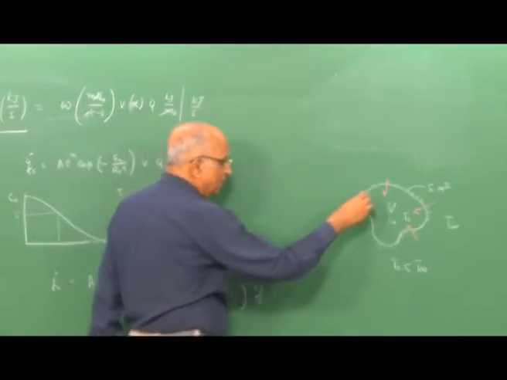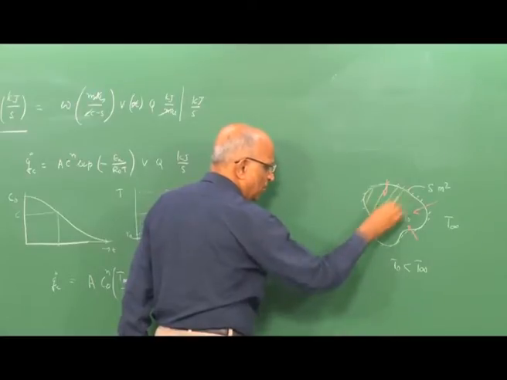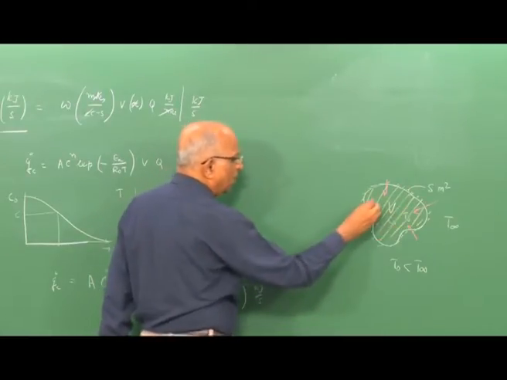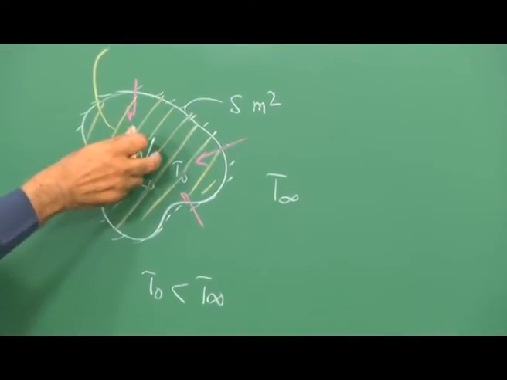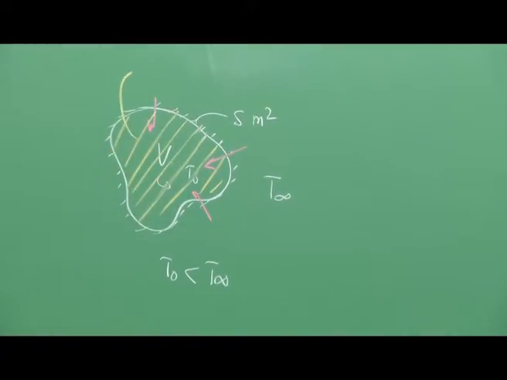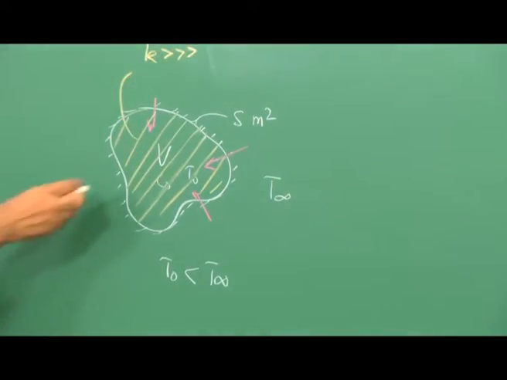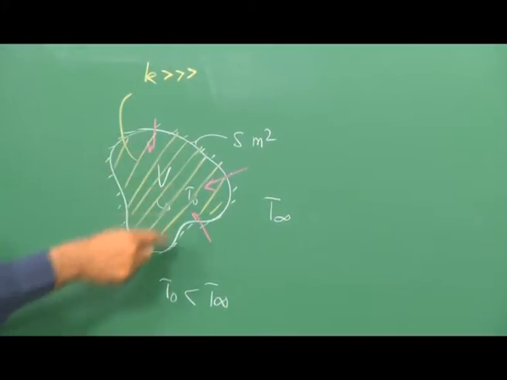Let us say within this volume of the explosive that we are considering, let us assume that the thermal conductivity of this particular material of explosive, whether it is a gas, whether it is a solid, whether it is a liquid, the thermal conductivity is very, very large, such that all points have the same temperature.